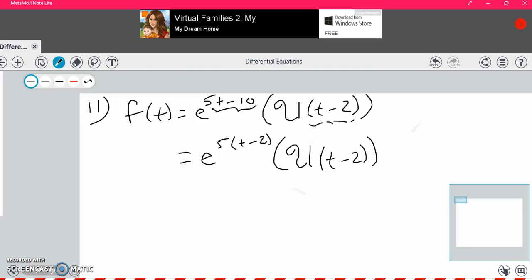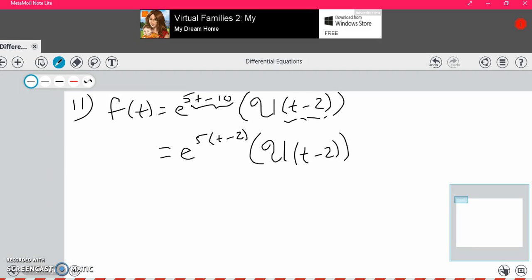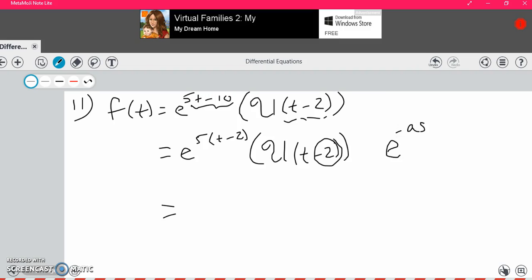So it's already kind of given to us. With the form that we've been given, 2 is our a. So we always look for the e to the negative as times the Laplace transform of f of t.